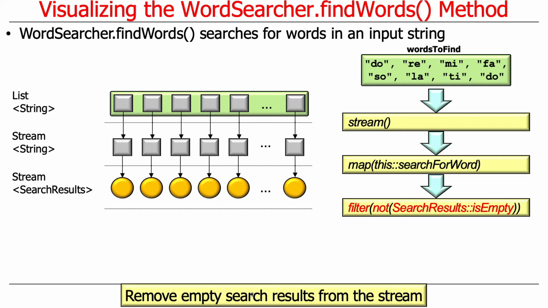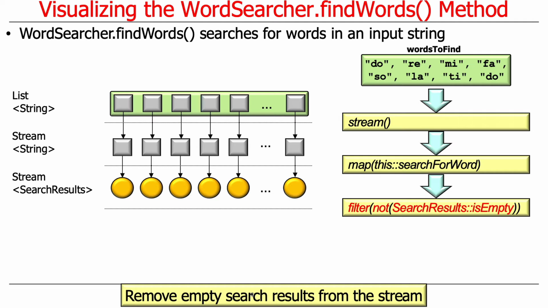We would not have an empty search result continue after filter. Now for this particular input, where we're searching for the words do, re, mi, fa, sol, la, ti in the lyrics to the Do Re Mi song, there's always going to be a match. But imagine more broadly that we were searching for different keywords in either the same input or different input, and there wasn't always a match.